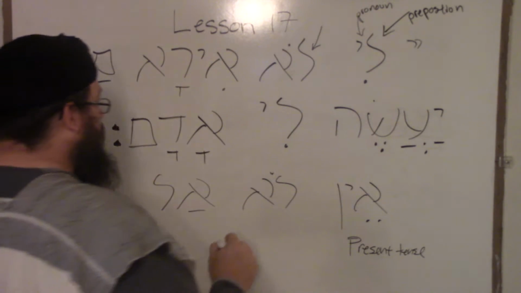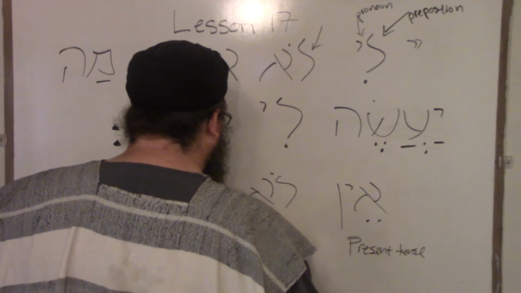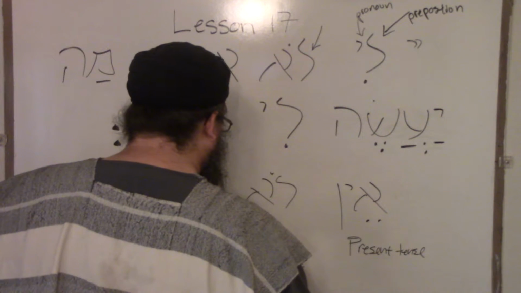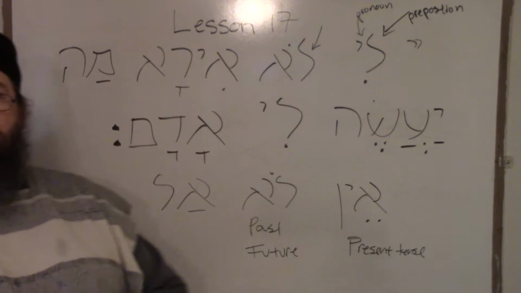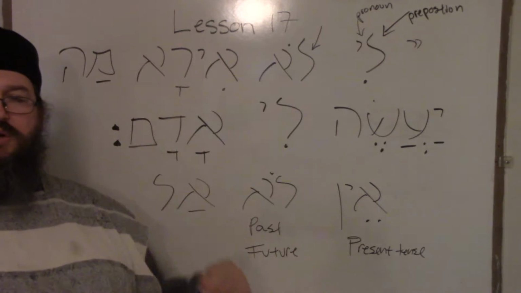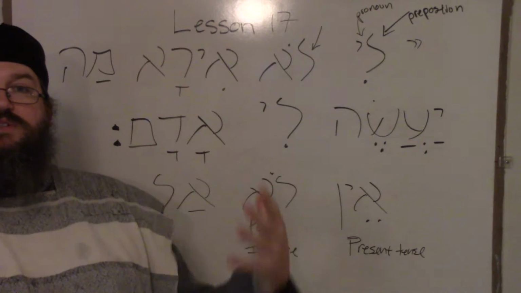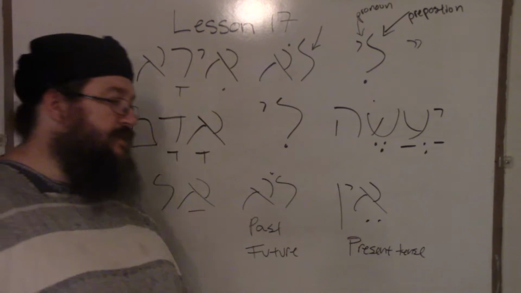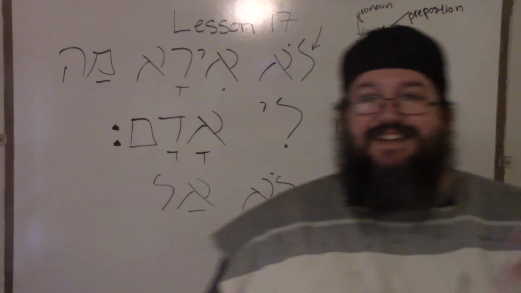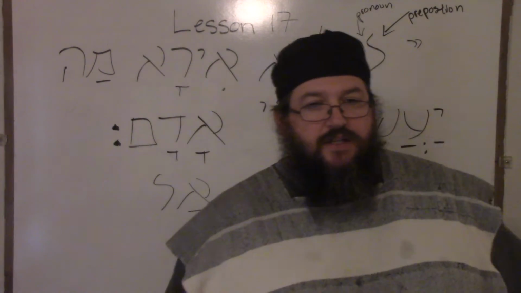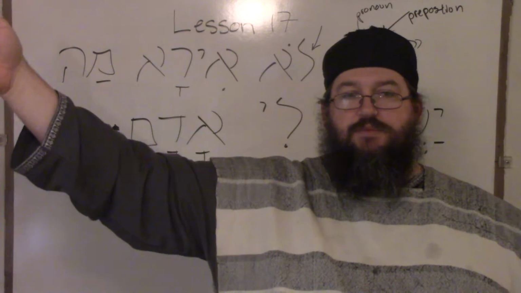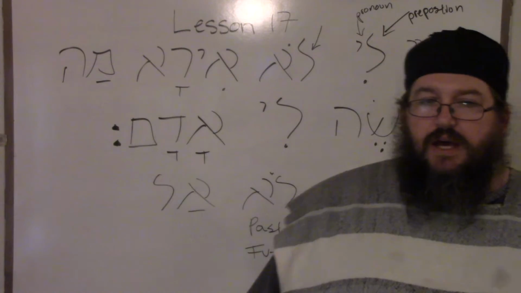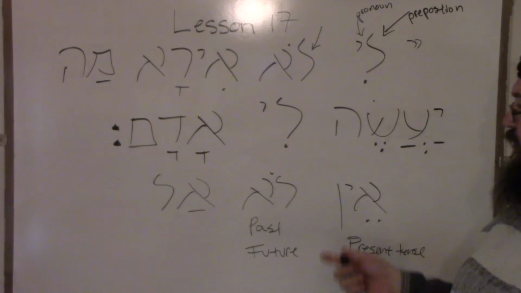And this one, lo, is used for both the past and the future. When we use the word lo, we're talking about a habitual state of something that is not. For example, lo ta'aseh literally means you will not forever be able to do something. That's the concept we find with regard to lo.